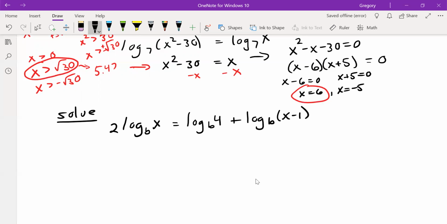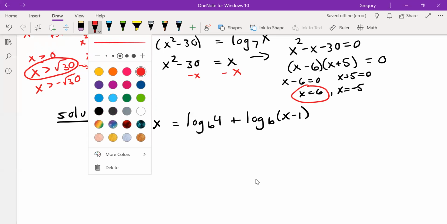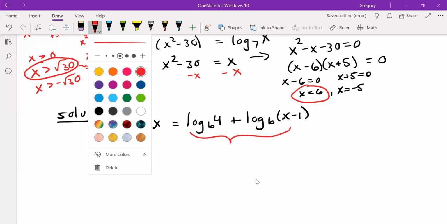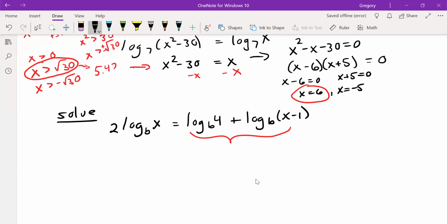So follow my steps. There's multiple logs here. You might think, well, shouldn't we try to get all the logs on one side? And I could, but if I combine these as they are, now this is where I can use one of my properties, my multiplication property, in reverse.